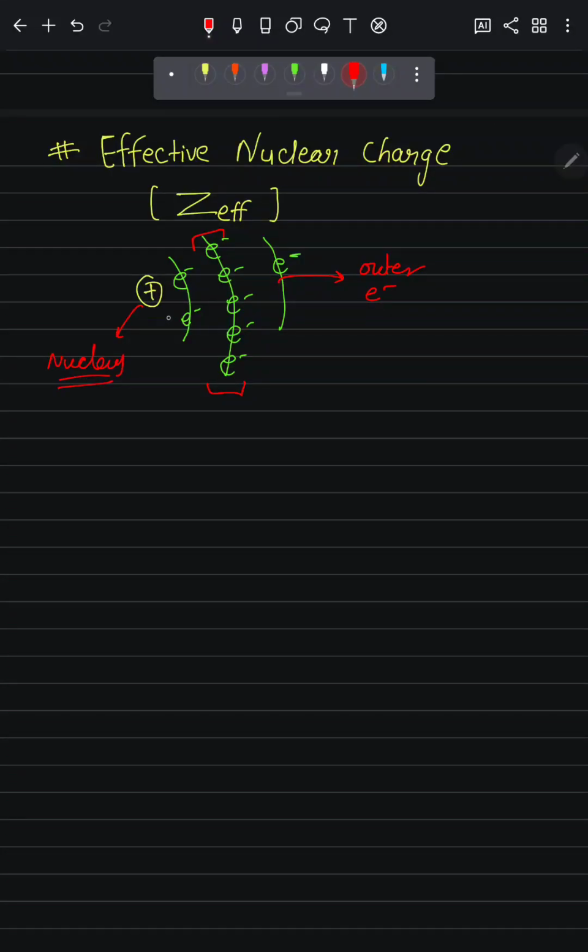So the attraction of the nucleus to the outer electron is affected by the presence of these inner electron orbitals. There are 2 types of forces seen between these: attraction by the nucleus, nuclear attraction, and the second one is repulsion by inner electrons.